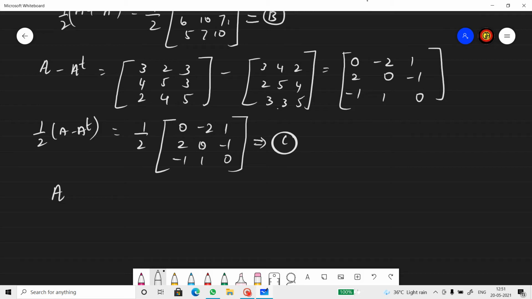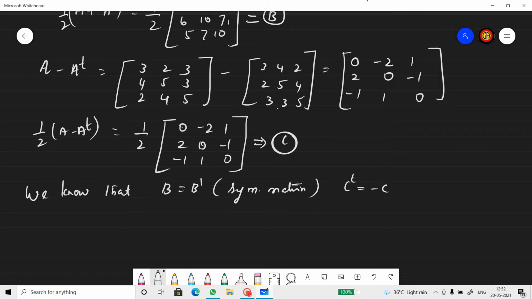Now A equals, as in the same steps, we know that B equals B transpose, which means B is a symmetric matrix, and C transpose is equal to minus C, right? C transpose is equal to minus C, so C is skew symmetric.